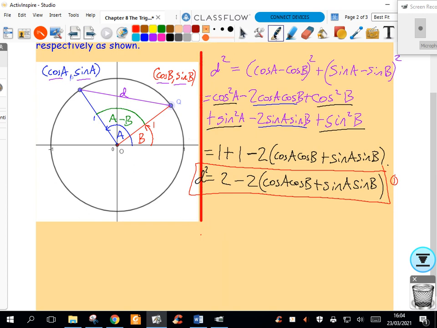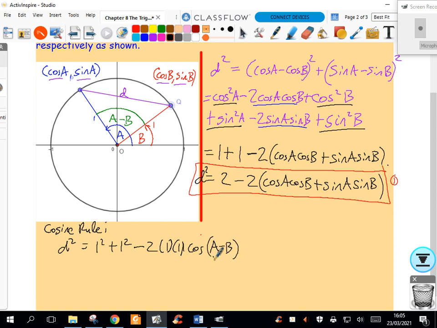So the cosine rule says the square of this side, d here, using the cosine rule, which says d squared is going to equal the sum of the squares of the other two sides, that's 1 squared plus 1 squared, minus twice the product of the other two sides, that's 1 by 1, times the cosine of the angle between those two other sides, that's a minus b.